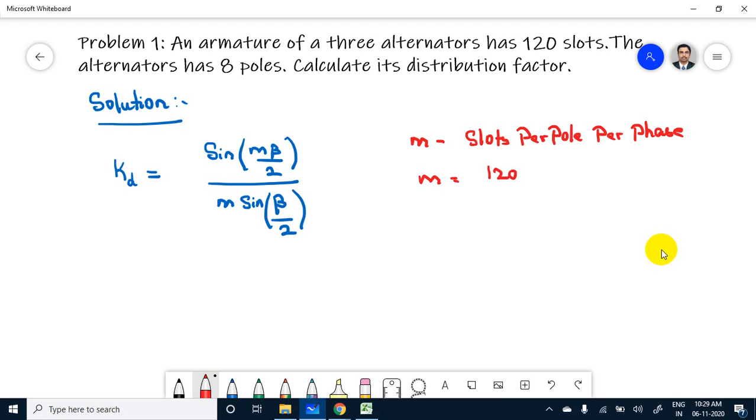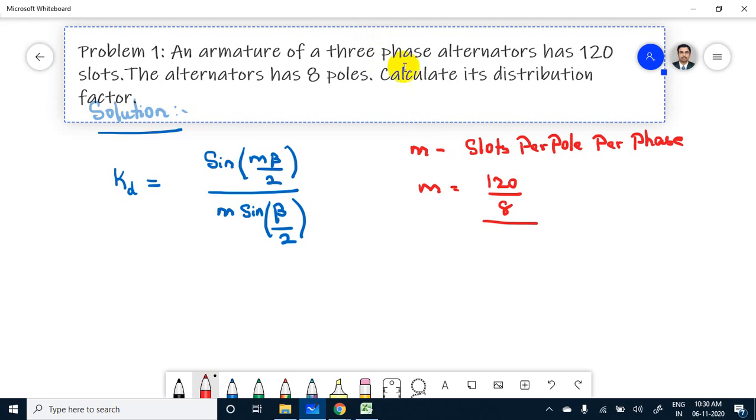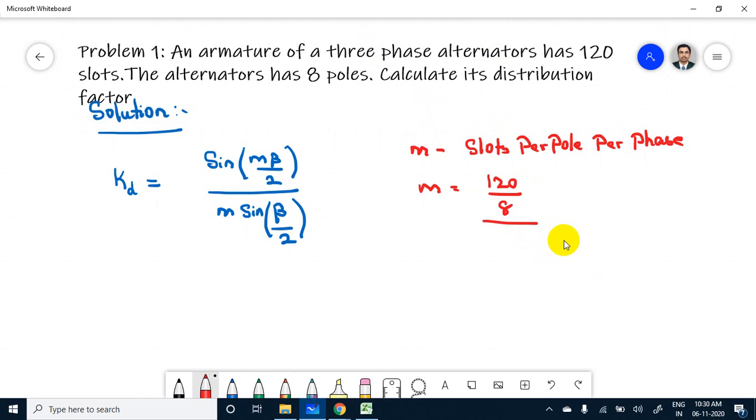Okay, 120 divided by per pole, how much? It is 8. Okay, 120 divided by 8 whole divided by the number of phases. The number of phases will be, sorry, here I missed it, 3-phase alternator. So the number of phases will be 3. So what is the answer? Anyone? Give the answer.